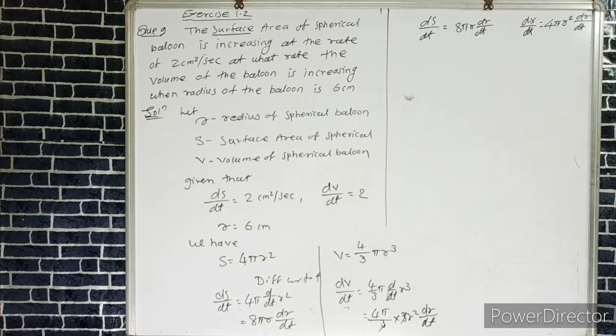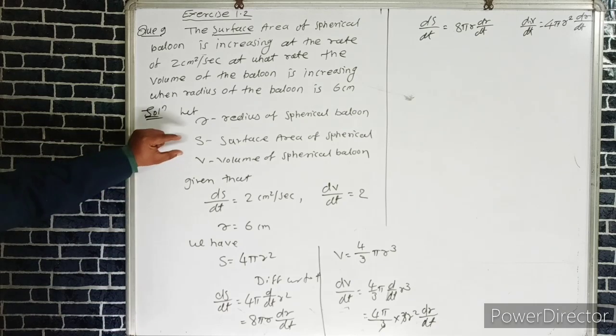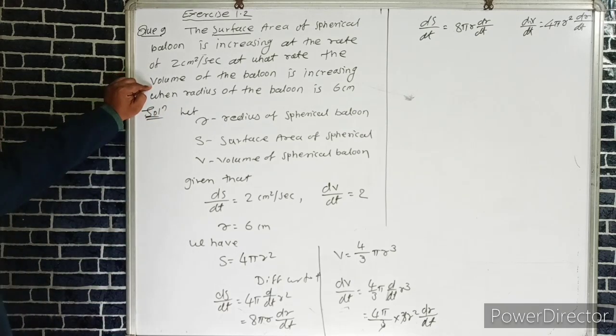Here we have to find the rate of change of volume with respect to time t, that is, at what rate the volume of the balloon is increasing when the radius is 6 centimeter.